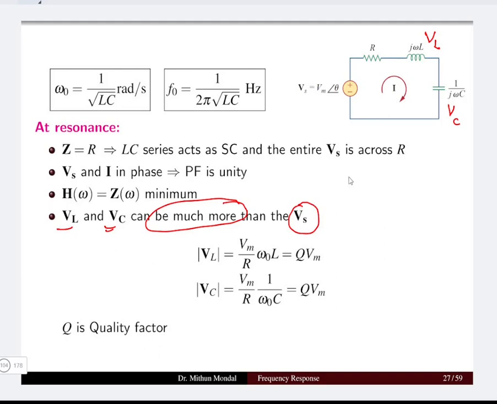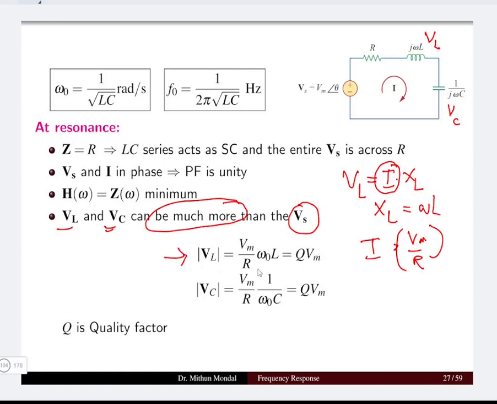We know that the voltage across the inductor VL is equal to the current multiplied by the inductive reactance XL, and XL is equal to omega L. If I substitute the current flowing in the network, which is Vm by R because the circuit is entirely resistive in nature, I get the magnitude of VL equal to Vm by R times omega naught L. So at the resonance frequency omega naught, the value omega naught L by R we can put as Q, times this quantity Vm.